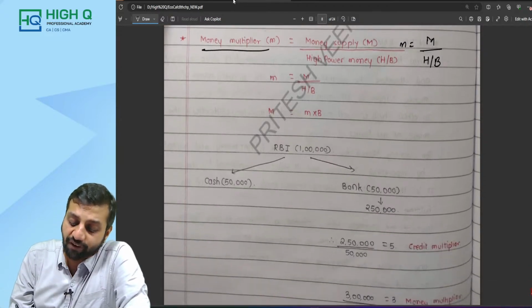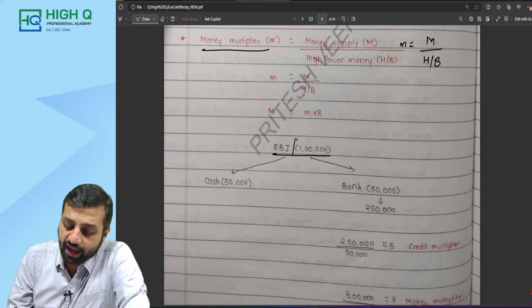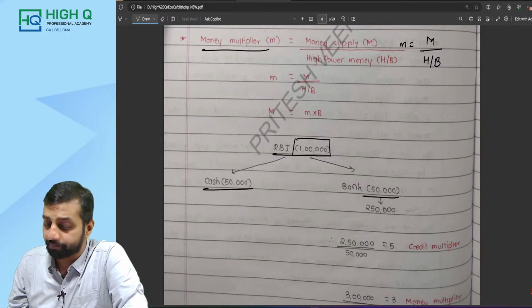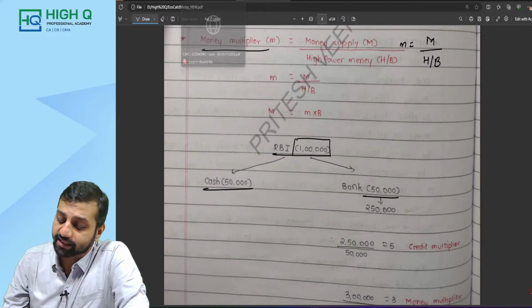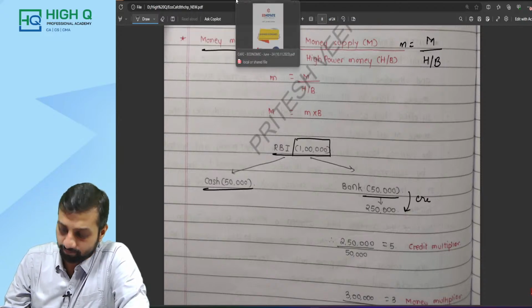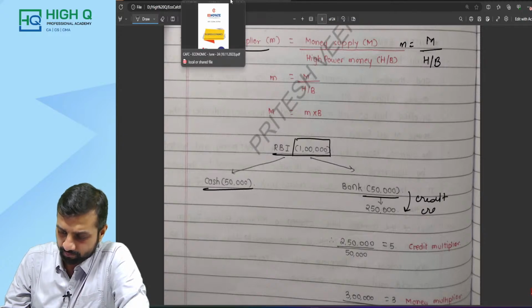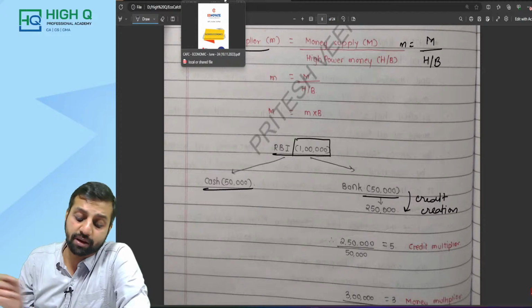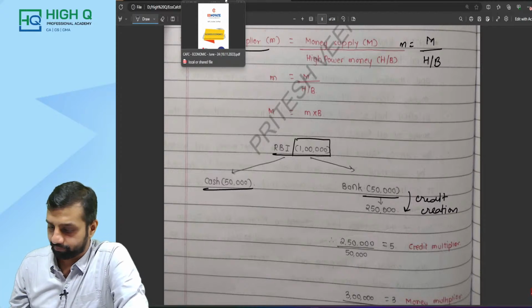So beta, if RBI gives 1 lakh rupees, 50,000 in the form of cash, 50,000 in the form of bank. Now banks can create credit. So 50,000 rupees in a bank easily becomes 2,50,000.